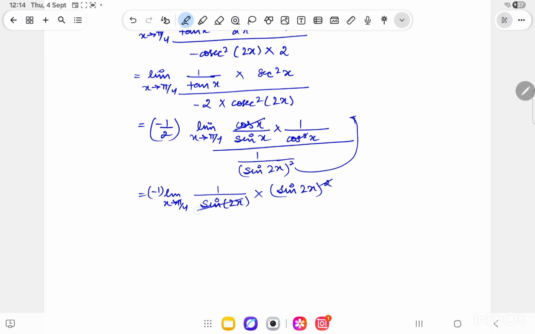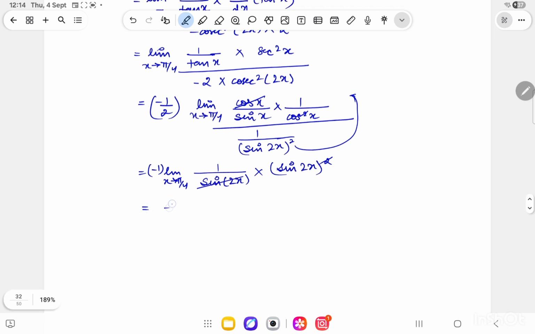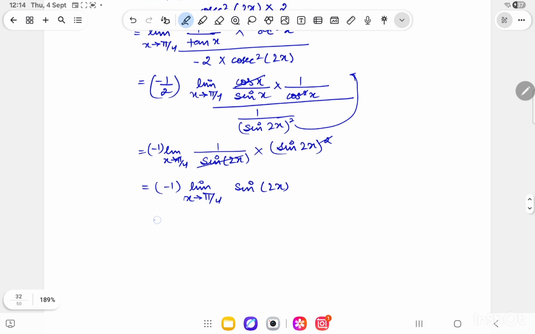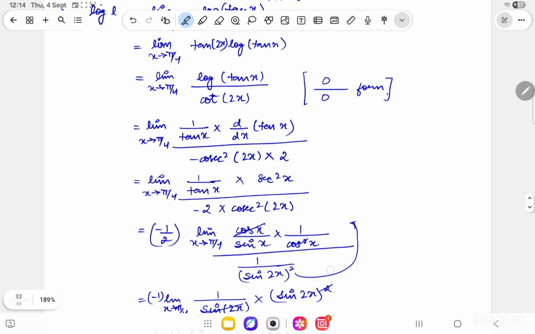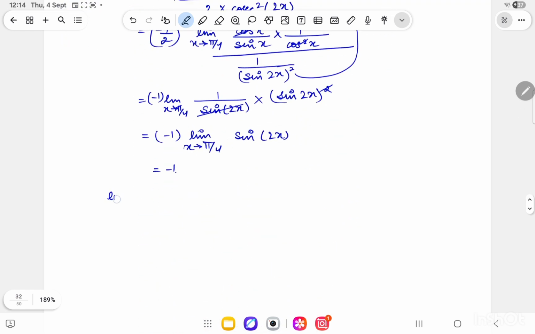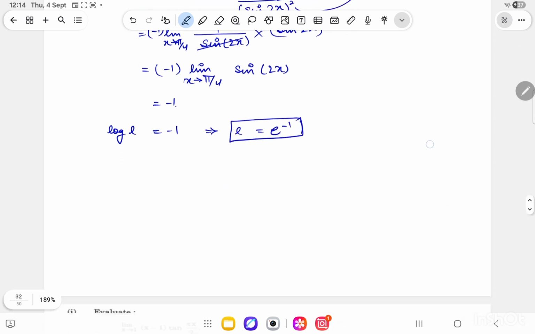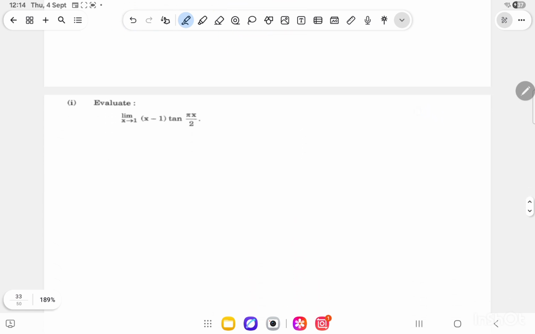This sin 2x balances this one, so I am left with minus 1 into limit x approaches pi by 4 of sin 2x, that is equal to minus 1. So from here I got my log L as minus 1. So my L, that is the limit, is e raised to minus 1. So let's move on to the next question.